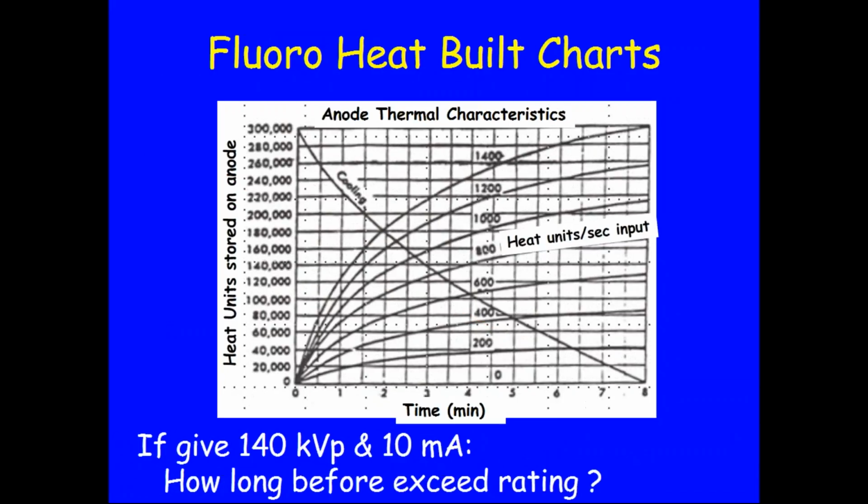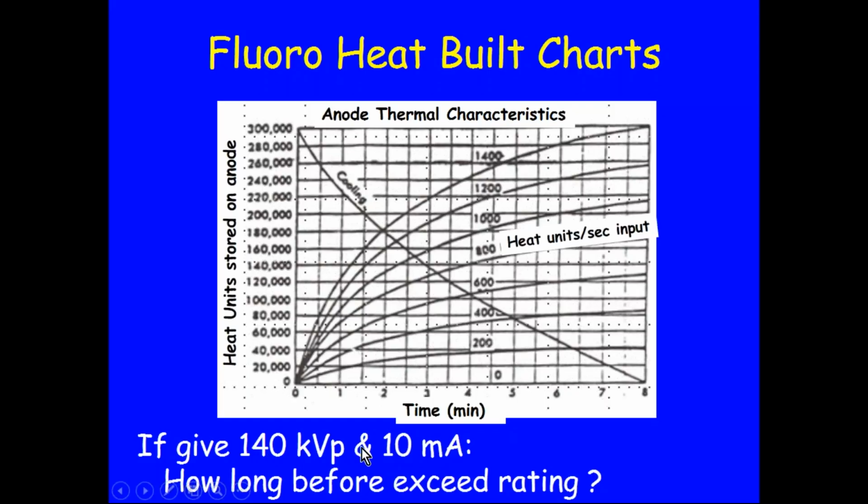Okay. How about on the other hand, if you had 140 kV, which is an unusually high voltage? Usually fluoroscopy is not done beyond 120, and at 10 mA in this example, typically you are, as we said, down at a half to 2 mA, at most 3 mA.